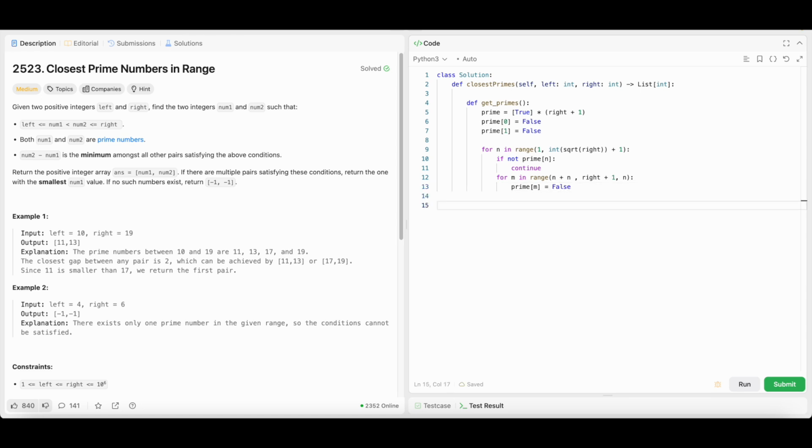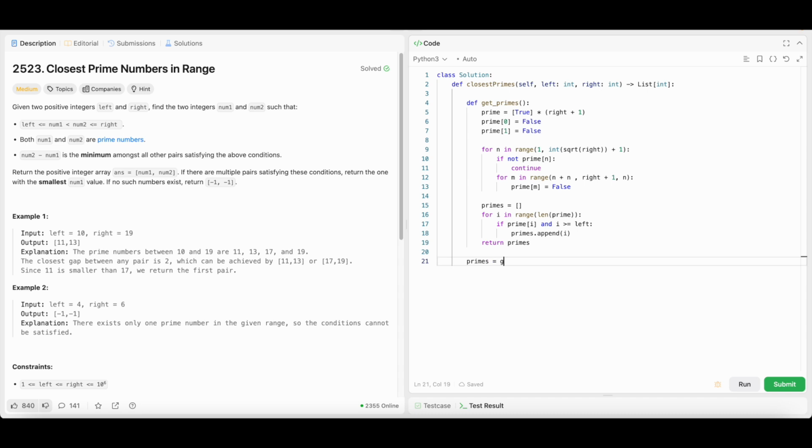We will set all the multiples to false. After we have done that, we will set up the primes array. For i in range length of prime, the previous array, if prime[i] and the index is greater than or equal to left, then we will append i to the primes array, and then we can return primes.